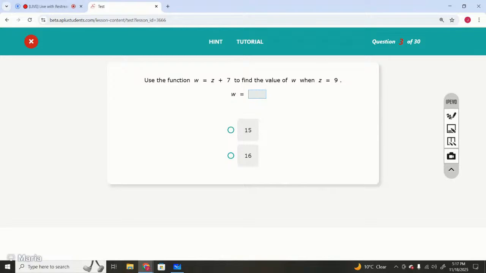Use the function w equals z plus 7 to find the value of w when z equals 9.